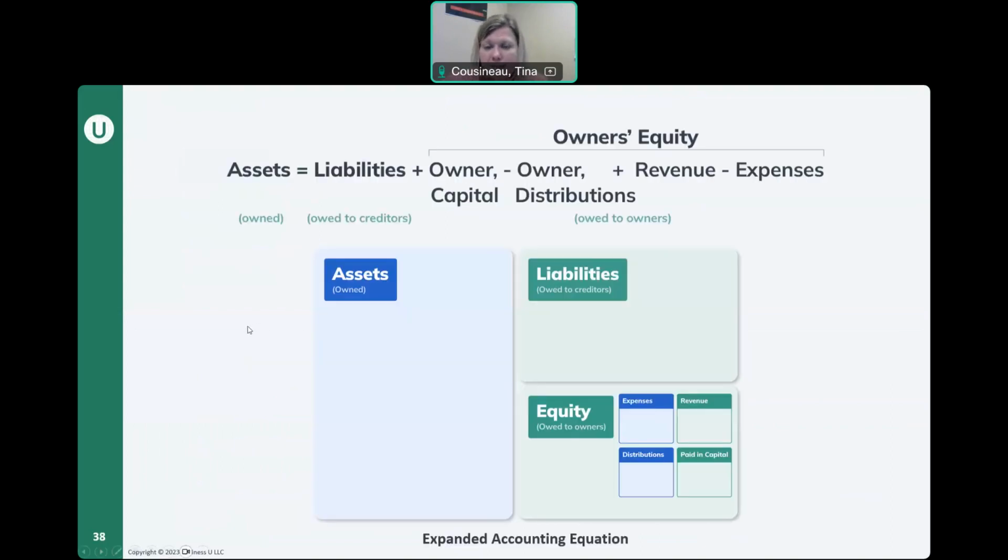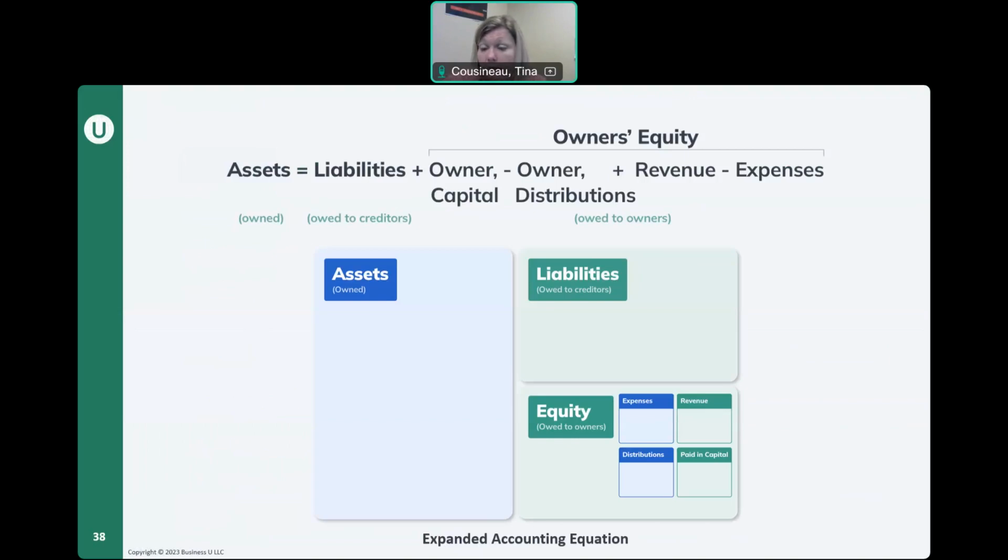All right, so let's take a look at it in this graphic here. So we have our assets. They're still going to equal liabilities plus owner's equity. Inside of owner's equity, we have these extra accounts or sub accounts. So we have revenue and expenses. We have capital and distribution.